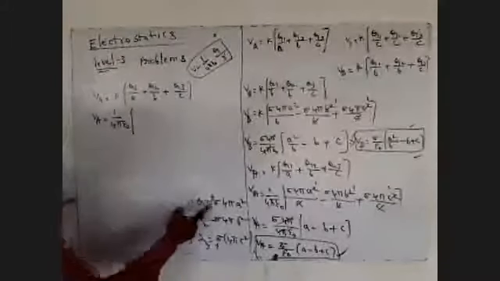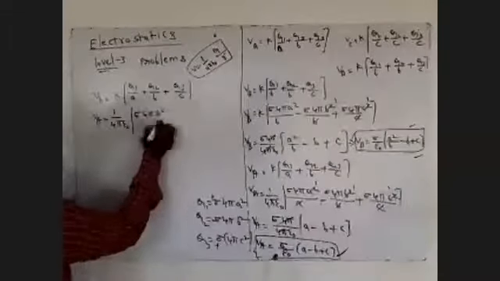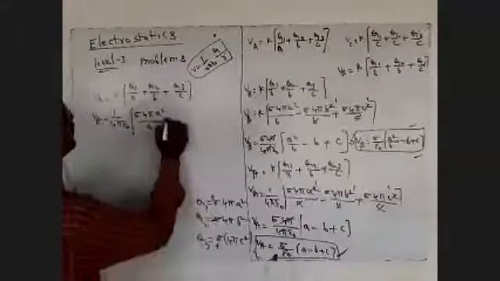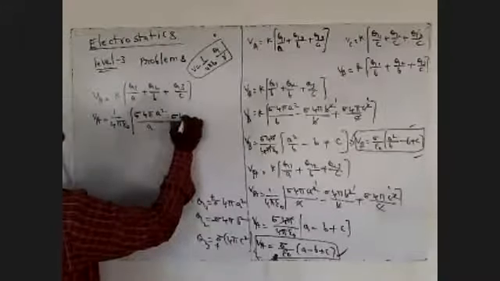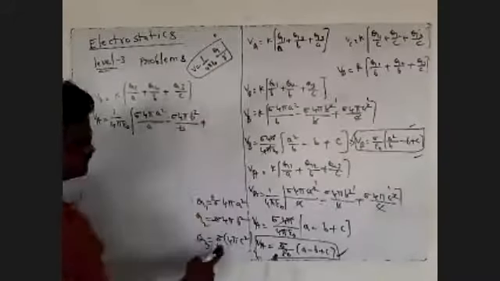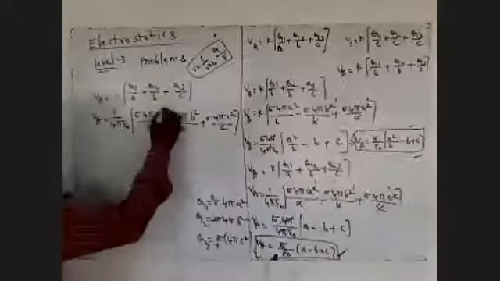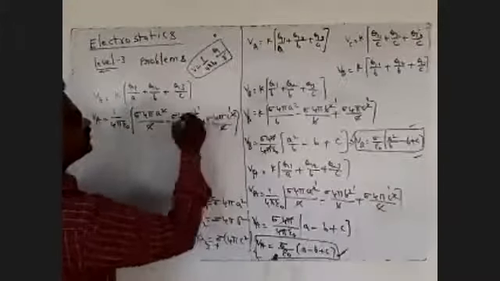Q1 means sigma 4 pi A squared, by A, plus. Q2 is minus sigma 4 pi B squared, by B. Plus Q3, which is sigma 4 pi C squared, by C, minus. So A cancels, B cancels, C cancels. Remaining one C, one B, one A.